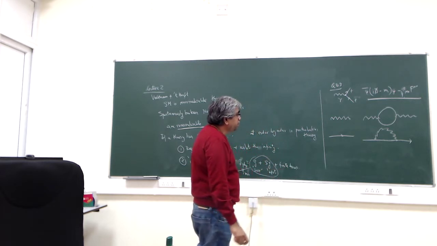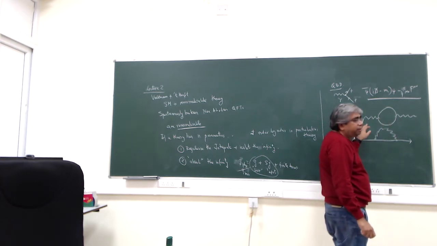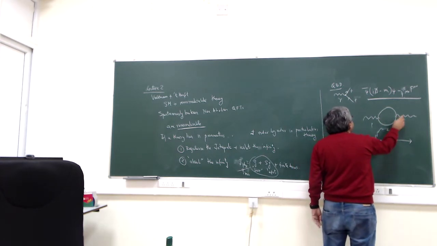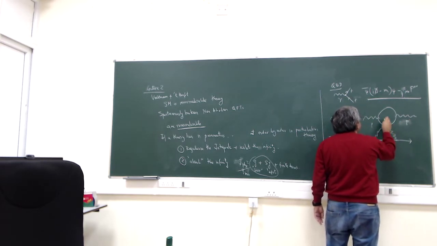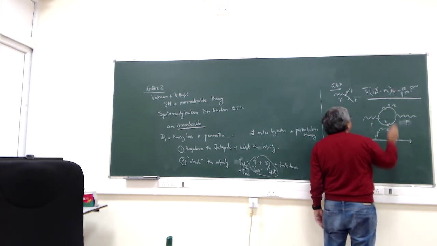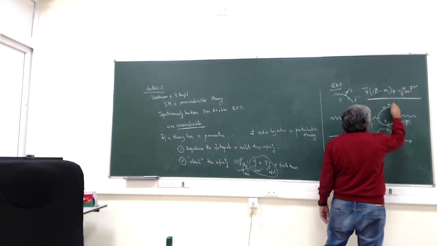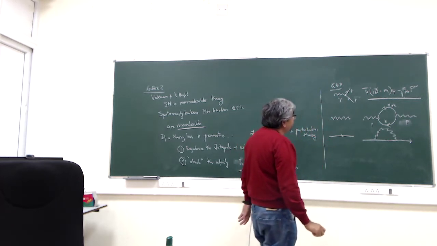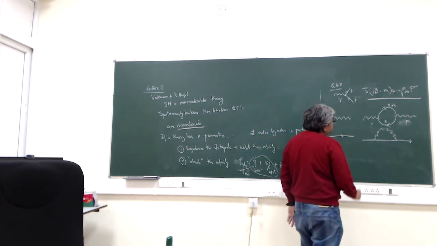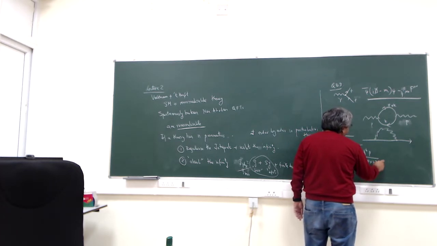Now if you try to compute this loop at some momenta, let's just say p, k, p minus k. If I try to compute this loop for the photon propagator, this has an integral which goes as one over k plus p, one over k, plus some numerator.